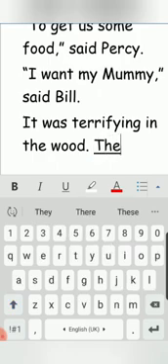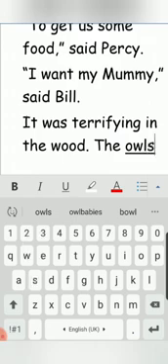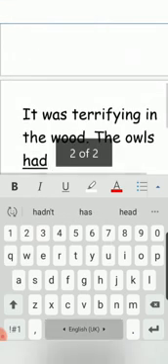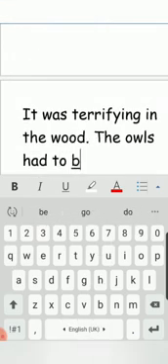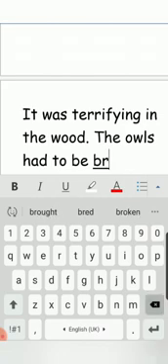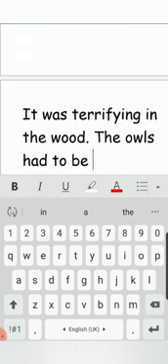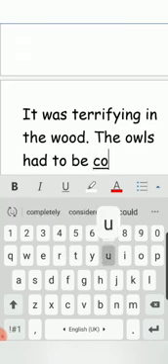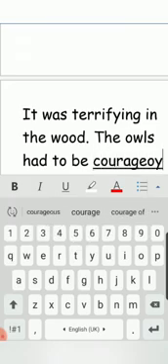The owls had to be brave. Okay, can you think of words we can use instead of brave? Let me show you. So another word you could use instead of brave is courageous.